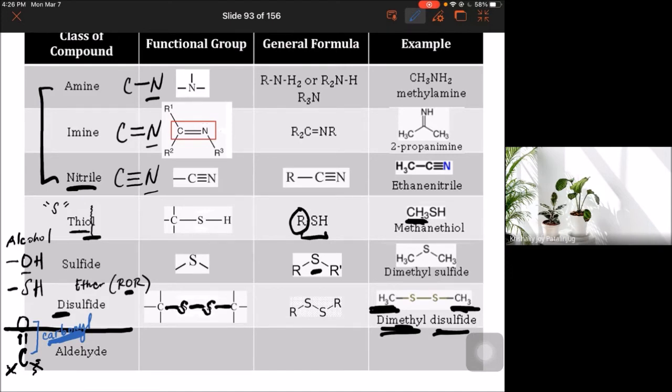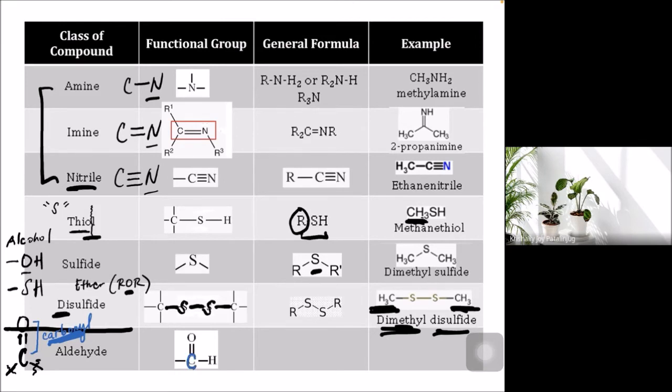So let's have aldehyde. What we see here is the carbonyl carbon, which is directly bonded to a terminal hydrogen. In aldehyde, the hydrogen will always be terminal because you cannot add any more bonds to hydrogen.